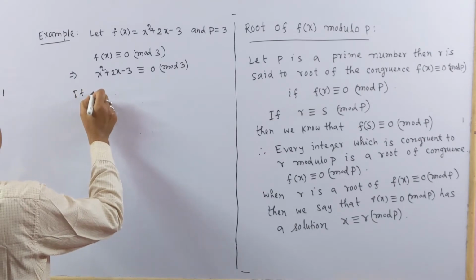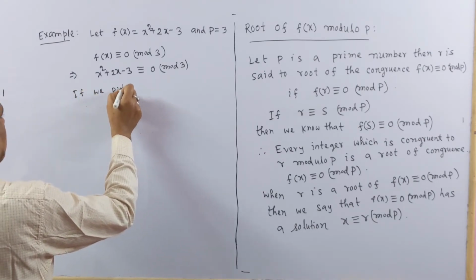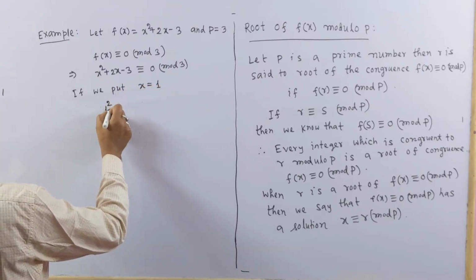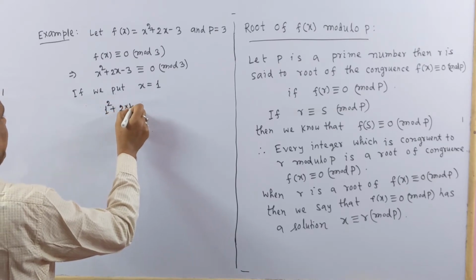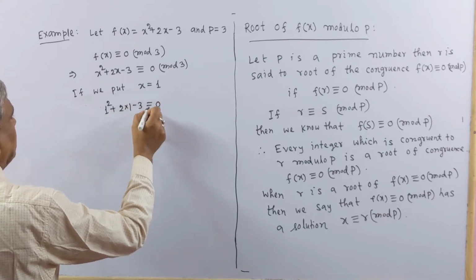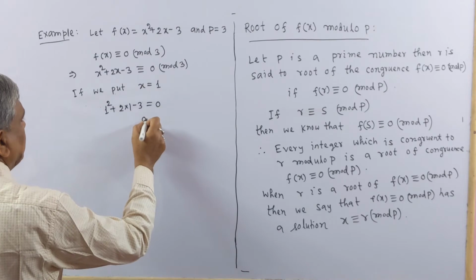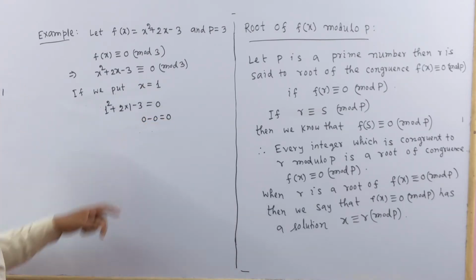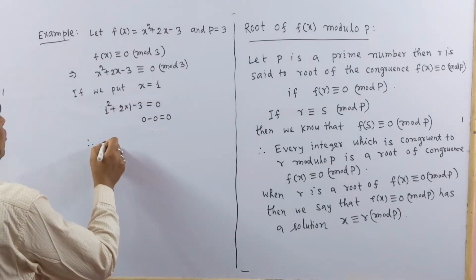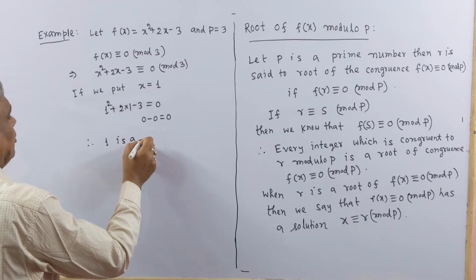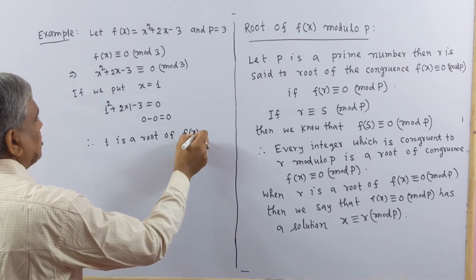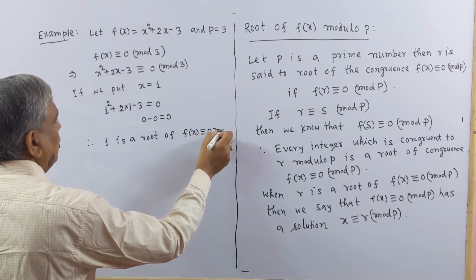If we put x equal to 1, we get 1 square plus 2 multiply 1 minus 3, that is 1 plus 2, 3 minus 3 equal to 0, and 0 minus 0 equal to 0, which is divisible by 3. Therefore, 1 is a root of f(x) is congruent to 0 modulo 3.